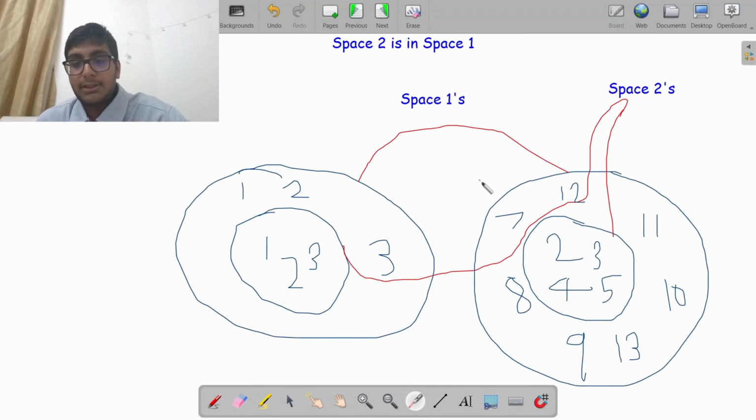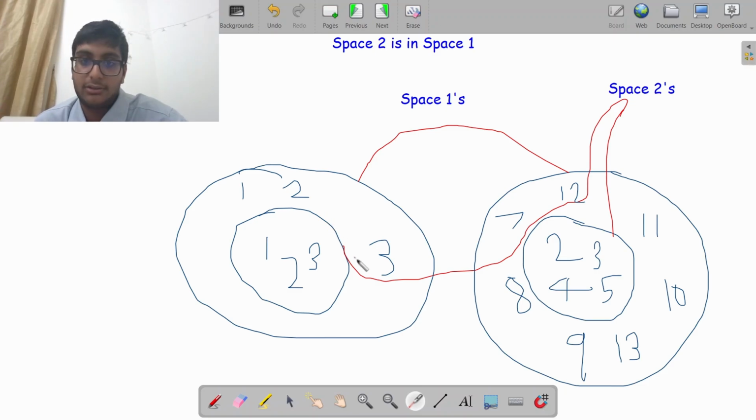And another way of representing it is as a group. So these bigger circles in these two different examples are actually space 1s, and these smaller ones are actually space 2s, which means that there are smaller spaces contained inside it, and they actually have information contained in them.